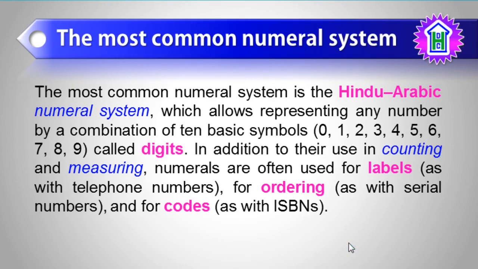In addition to their use in counting and measuring, numerals are often used for labels, as with telephone numbers, which are nothing but labels. They are used for ordering also, as with serial numbers, and for codes, as with ISBN numbers given to books. ISBN stands for International Standard Book Number.